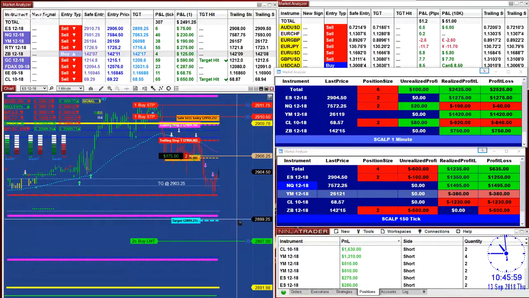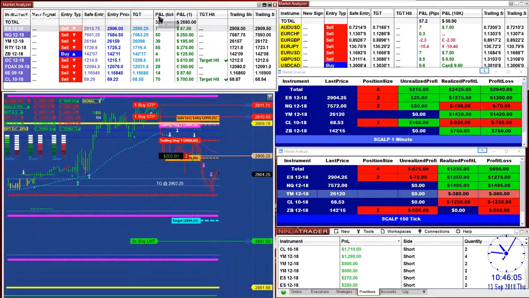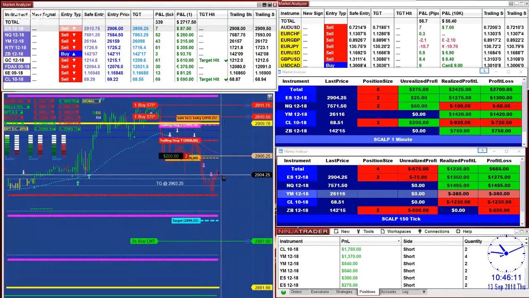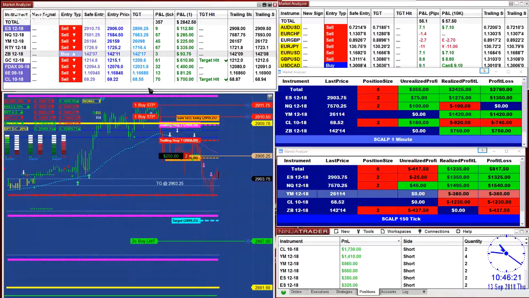We have here in this room today, we are in total of 315 ticks: 2,680, 7 ticks on the ES based on one contract, 50 ticks on the NASDAQ, 44 ticks YM, 65 ticks Russell, 3 ticks on the 30-year Treasury bond.